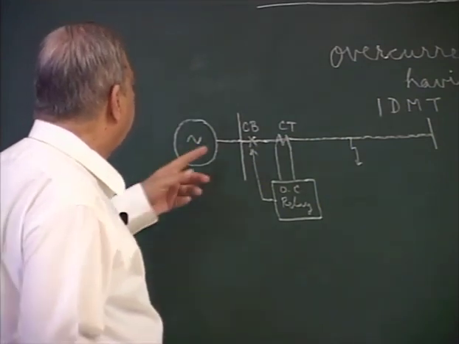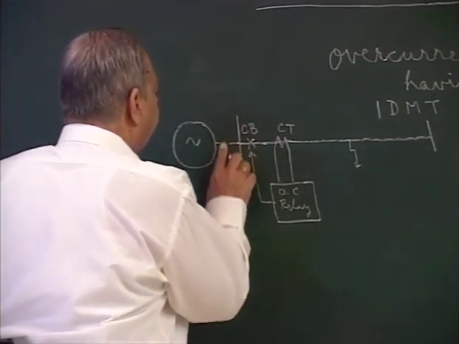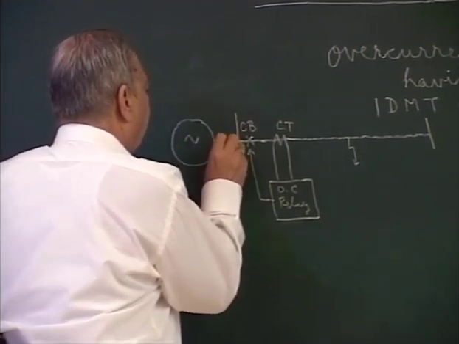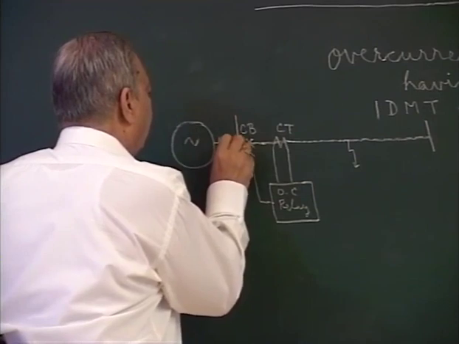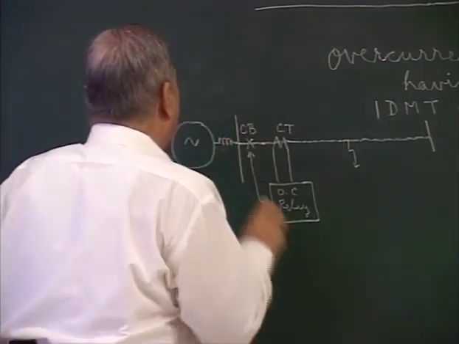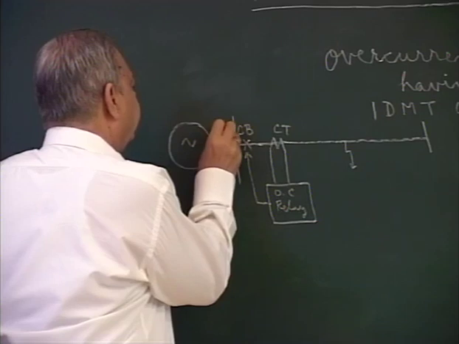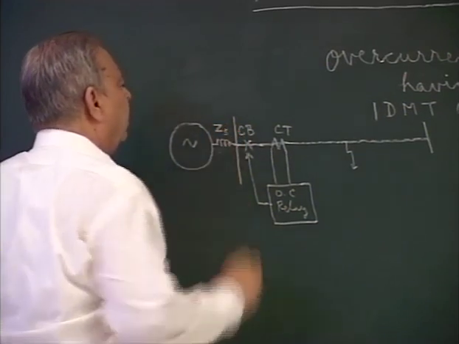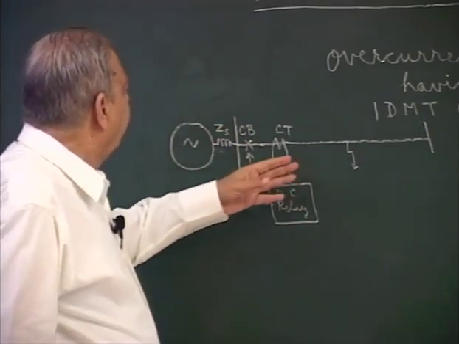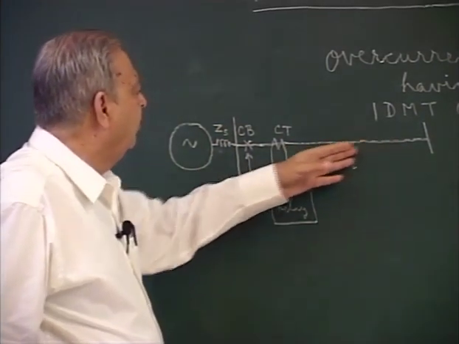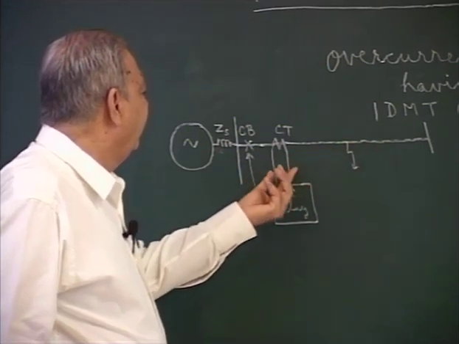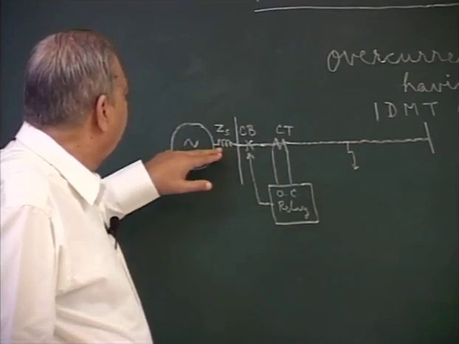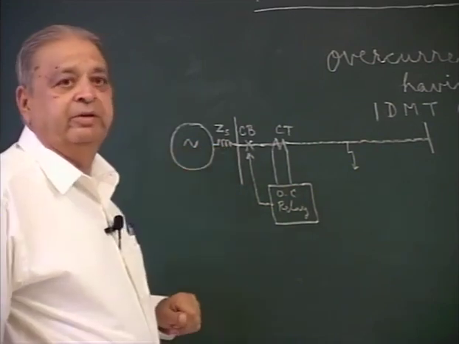In case there is an impedance present here, called source impedance ZS, then at different locations of the fault, the current measured by the relay will be different because of the voltage drop in the source impedance.